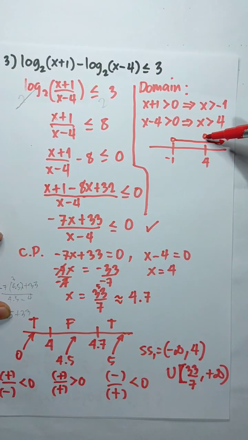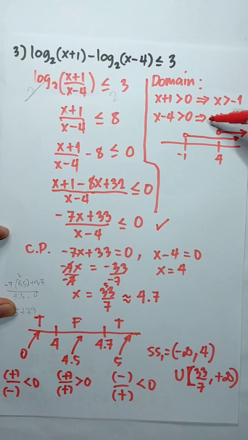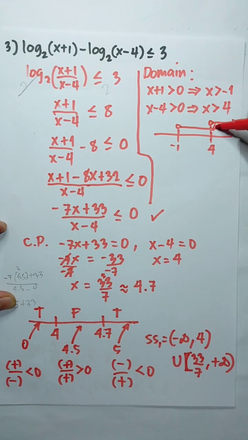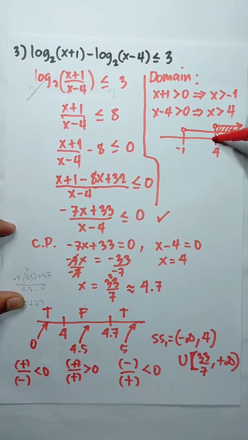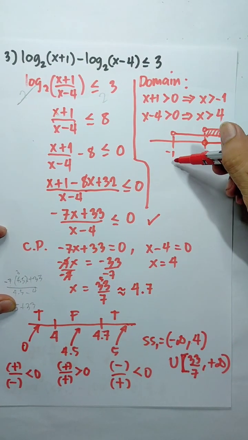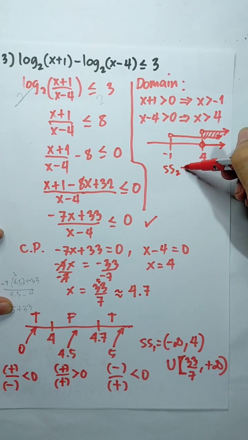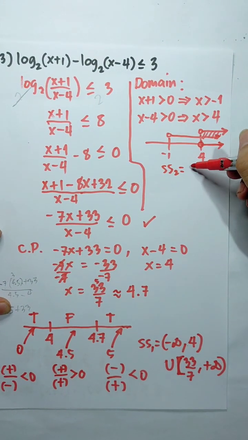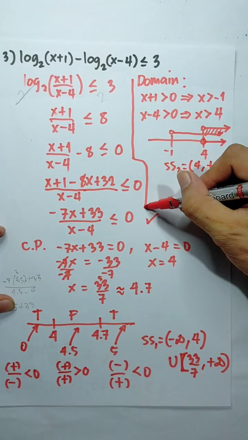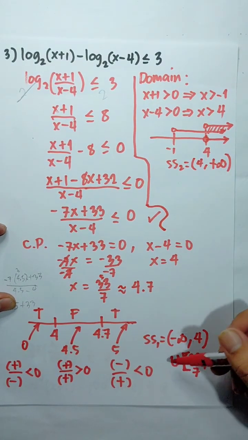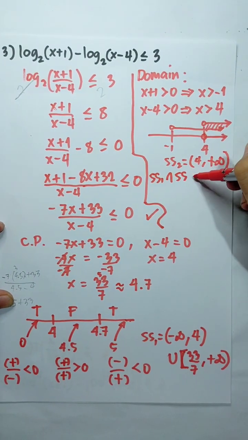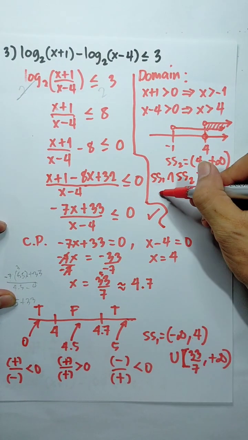So the intersection, because this is an "and" statement, will be where they're common. So it starts from 4 to positive infinity. Let's write this as our partial solution, solution 2. So this is from 4 to positive infinity. Now we're going to intersect our two intervals, solution 1 intersection with solution 2, to get our final solution set.